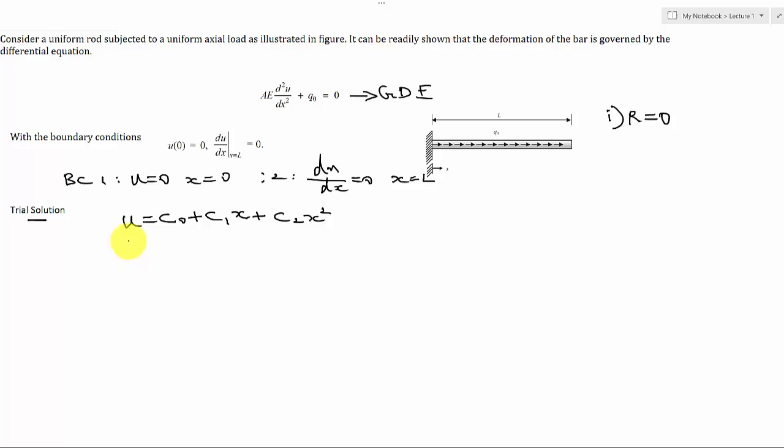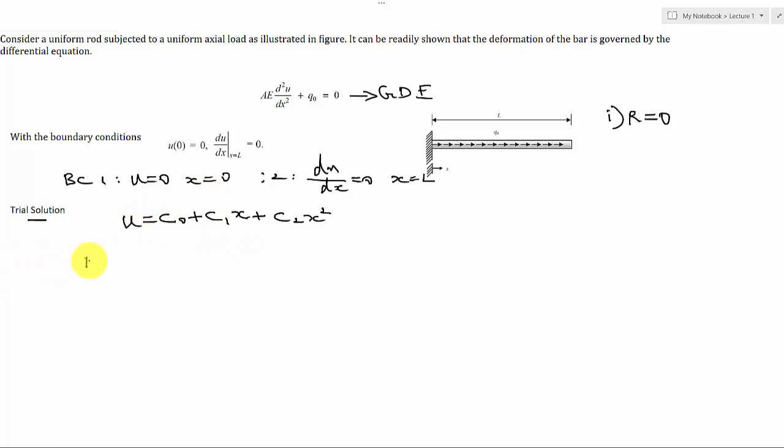First, you should assume a trial solution that already satisfies your boundary conditions, or otherwise you should assume a common trial solution like this, and substitute the boundary conditions in it to make the assumed trial solution satisfy the boundary conditions. So here I have assumed a common trial solution, so I am going to substitute the boundary conditions here.